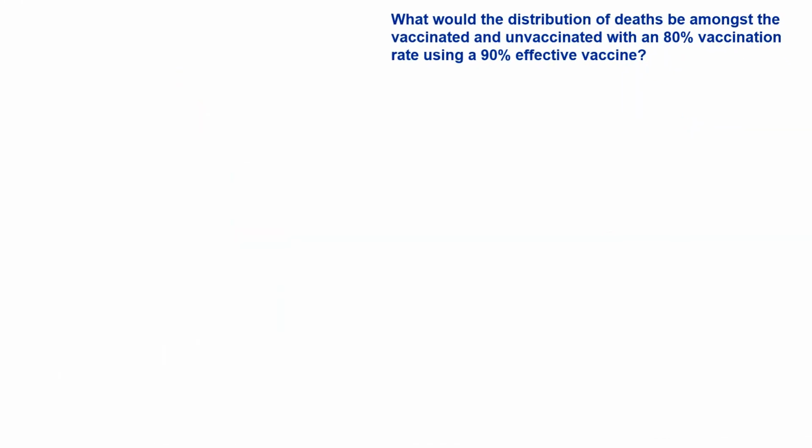Now, what I'd like to look at now is the theoretical effect of vaccination. So what would the distribution of deaths be amongst vaccinated and unvaccinated people with an 80% vaccination rate using a 90% effective vaccine?